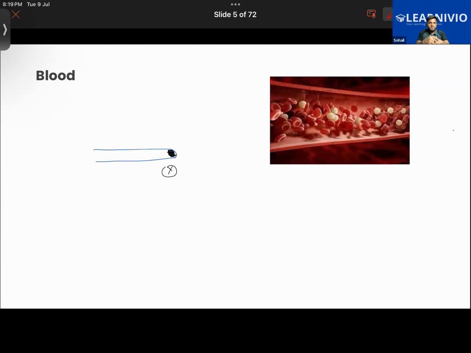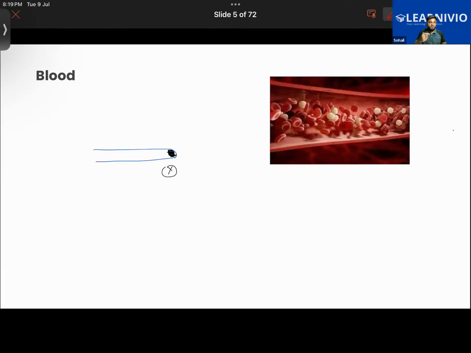In the cold season, when you touch your hand in the winter season, is it cold or warm? Cold. Okay. So at that time, what is happening? The blood is focusing more on providing blood to the organs deep inside our body.